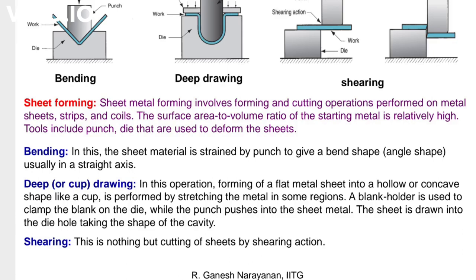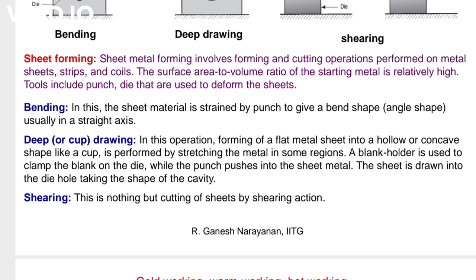Bending. In this, the sheet material is strained by a punch to give a bend shape, an angle shape, usually along a straight axis. Deep or cup drawing. In this operation, the flat metal sheet is formed into a hollow or concave shape like a cup by stretching the metal in some region.